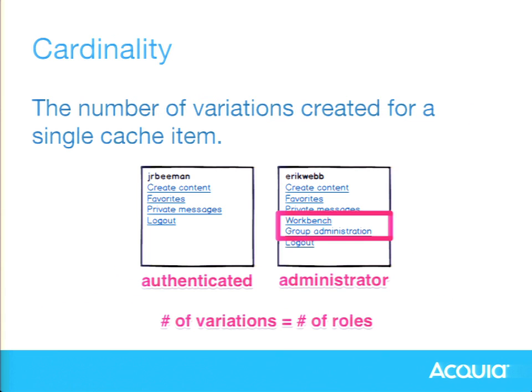You want to talk about cardinality? Sure. So this is definitely one of those borrowed terms. This is sort of quantifying the cost of caching, essentially. So if you're caching something per group and your site has more groups than users, for instance, that's more expensive than caching per user, because you've got to know how many groups there are versus how many users there are. If it's global, the cardinality is 1, right?